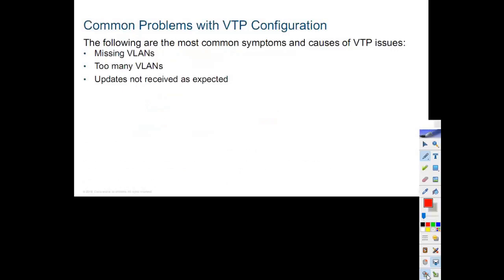Maybe an update is not received as expected by the client. Those kinds of troubles, or symptoms, might cause your network not to receive the traffic via a certain VLAN. This is where we have to identify and zoom down to the problem and fix it immediately if we can.